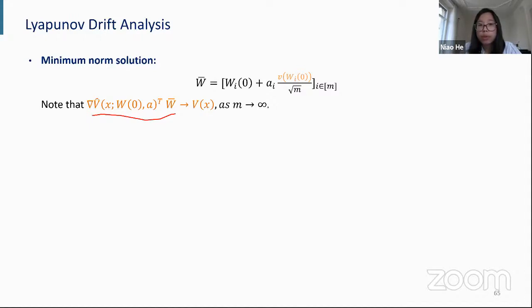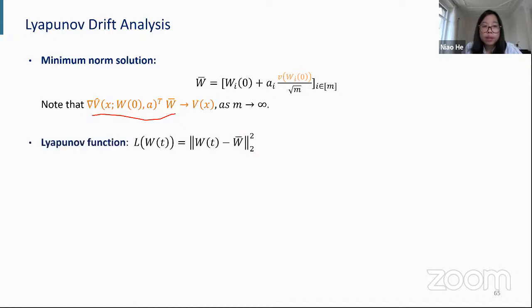So this will give you nothing but 1 over m, your feature vector times V, and because those Wi are IID Gaussian, as m goes to infinity this will converge to the neural tangent kernel, and that will converge to V of x, by definition. So basically W bar is the optimal solution if your V of x is just a linear function.